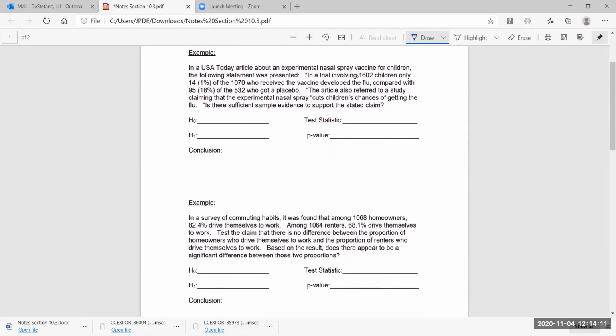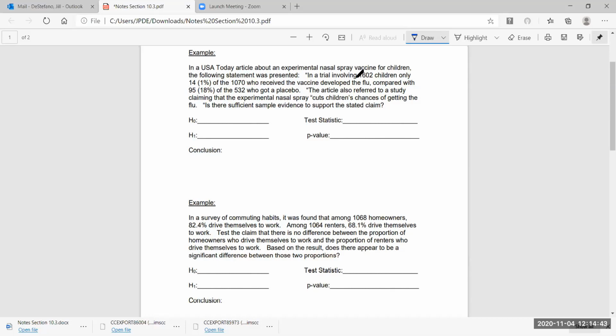It says in a USA Today article about an experimental nasal spray vaccine for children, the following statement was presented. In a trial involving 1,602 children, only 1% of the 1,070 who received the vaccine developed the flu, compared with 95, which is 18%, of the 532 who got a placebo.